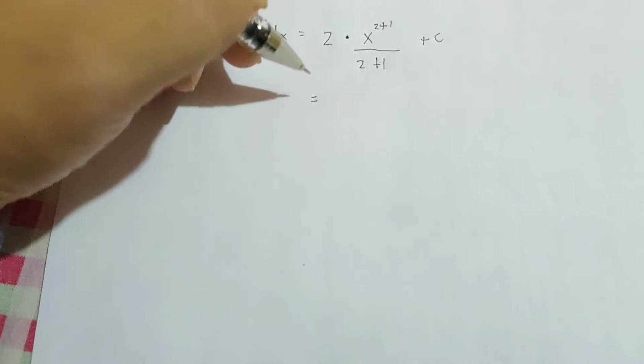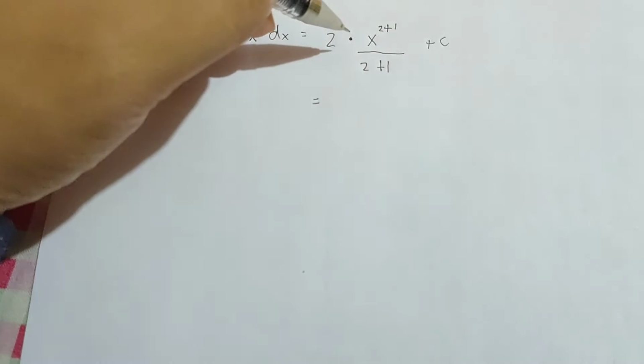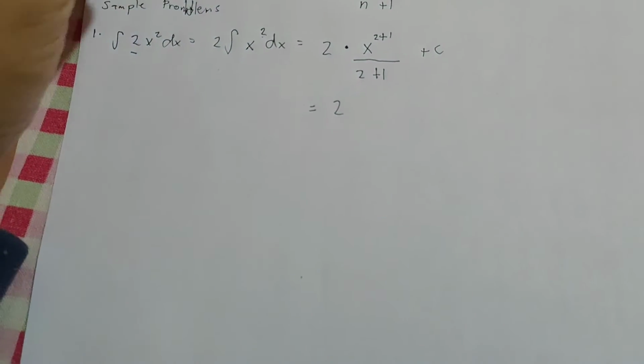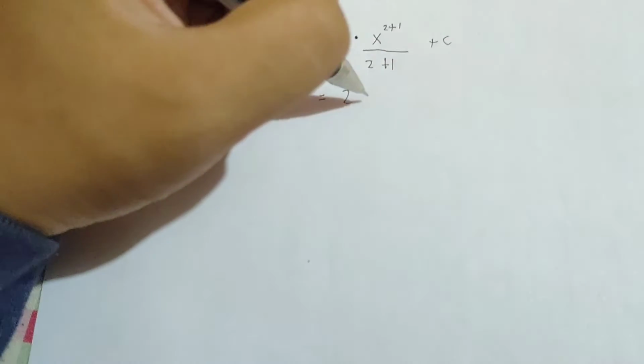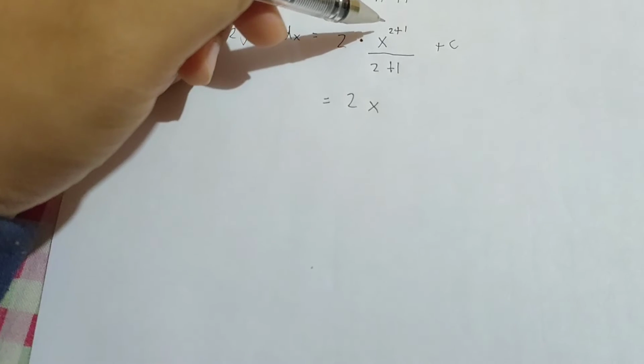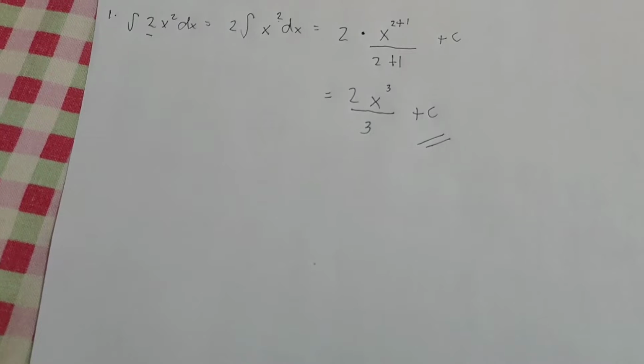So, our final answer will be 2 times x, we'll put the 2 in our numerator. The exponent of x is 2 plus 1 is 3, all over 3 plus c. And that will be our final answer.